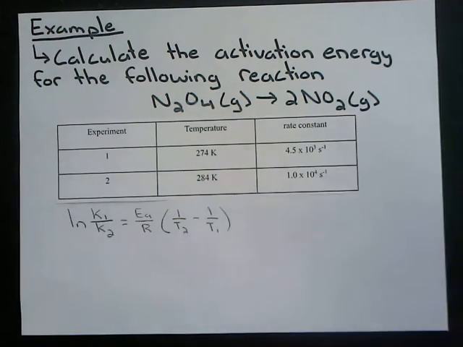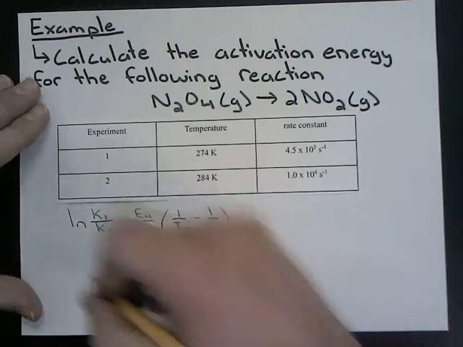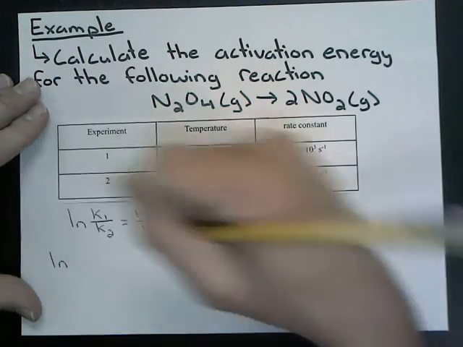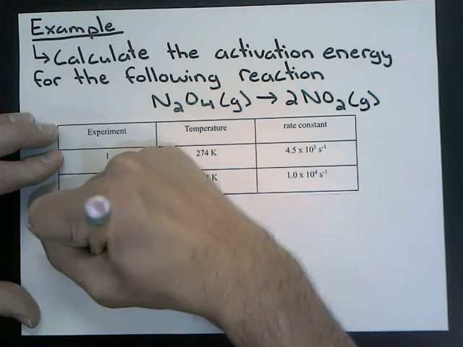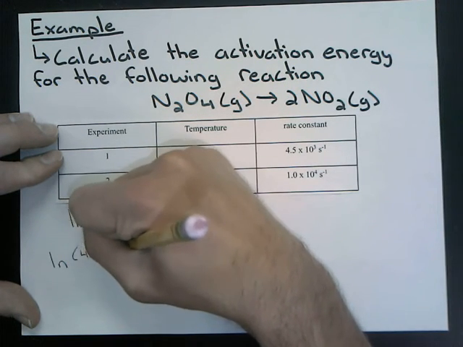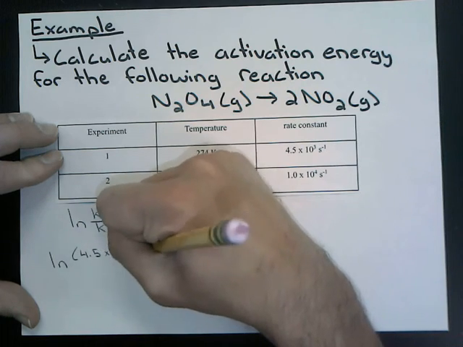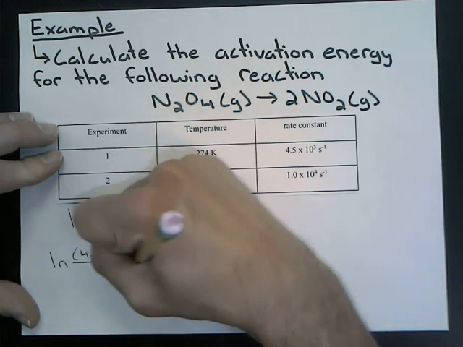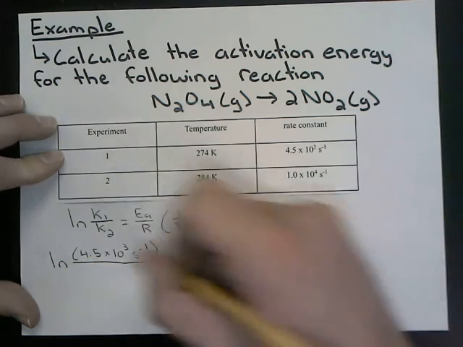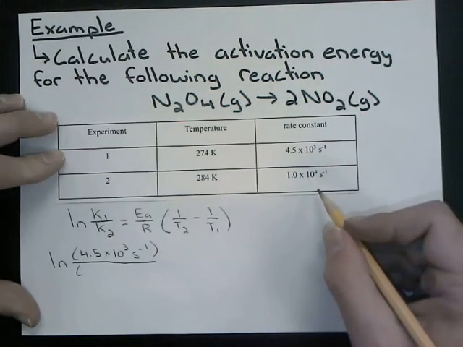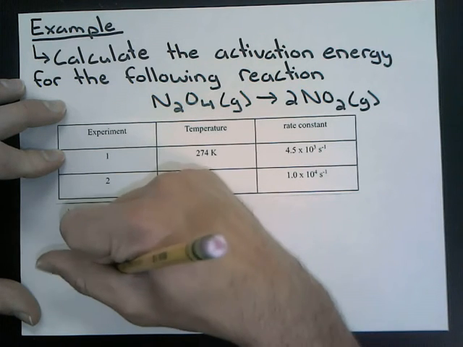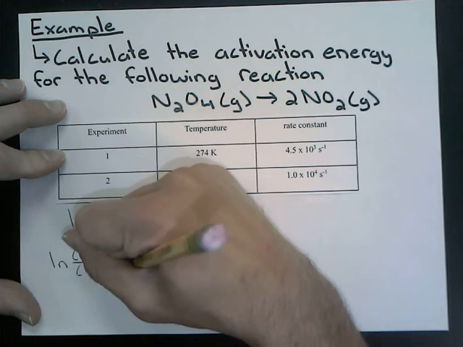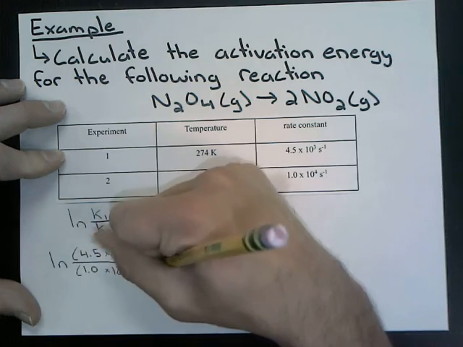So what we're going to do is just plug these values into our equation. We're going to get the natural log of K1, which is 4.5 times 10 to the third inverse seconds, all divided by the rate constant of 1.0 times 10 to the fourth inverse seconds.